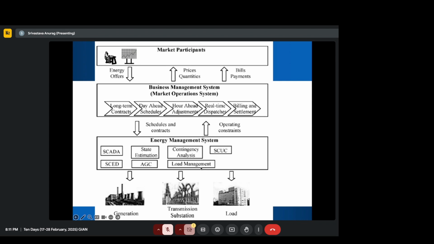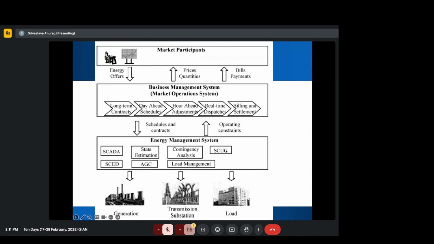And then once you know which unit is on, we need to determine in real time, which means every few minutes, how much power to generate from that. And that is called economic dispatch. So that the cost is lowest, at the same time security constrained, which means that even if the generator fails, we're okay to provide all the power to the connected load. We have to use AGC, so we have to send the control command from SCED and SCUC.